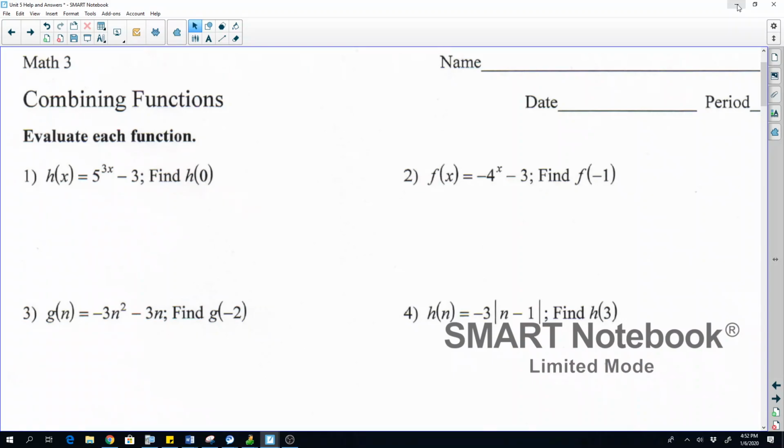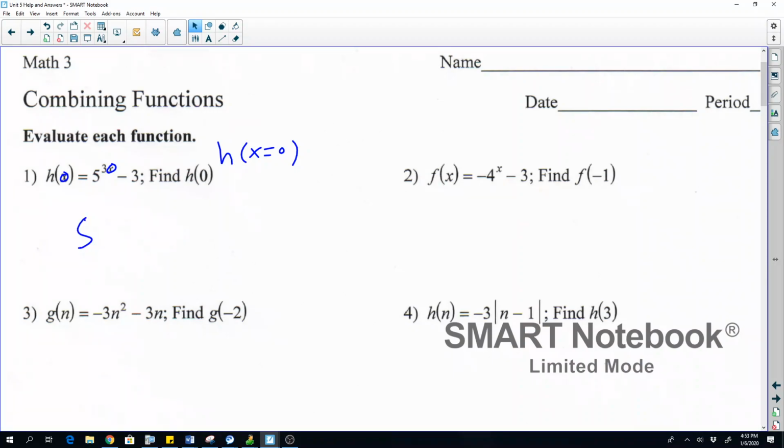We're just combining functions and evaluating functions, kind of similar to the compositions. So when it says find h of 0, it's saying find h where x equals 0. That means we're just going to put a 0 here for x and a 0 here.